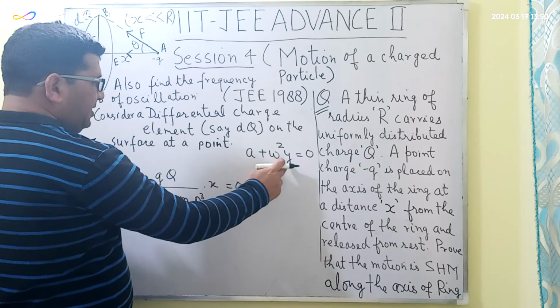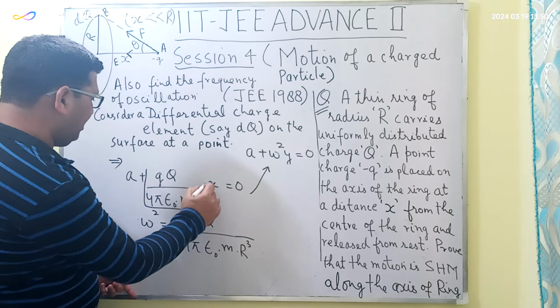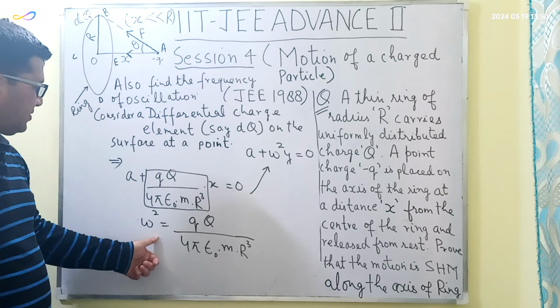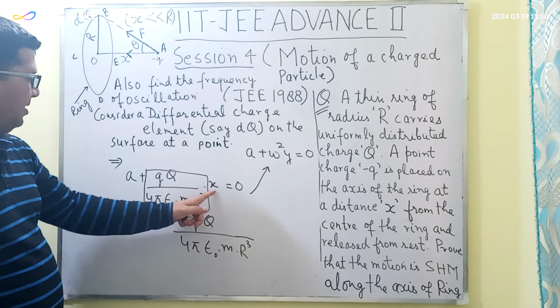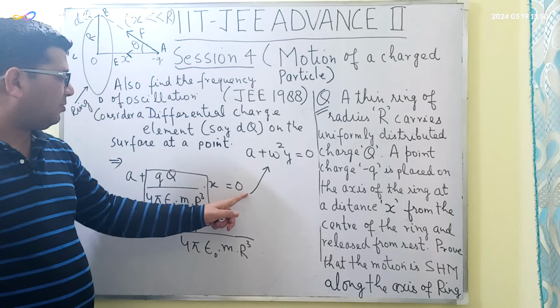Since this equation is comparable with this equation, this is the acceleration a, and this term is equal to ω², and x is the displacement. So a + ω²y = 0. Here a is the acceleration, this is ω², and this is the displacement, and this is equal to 0.